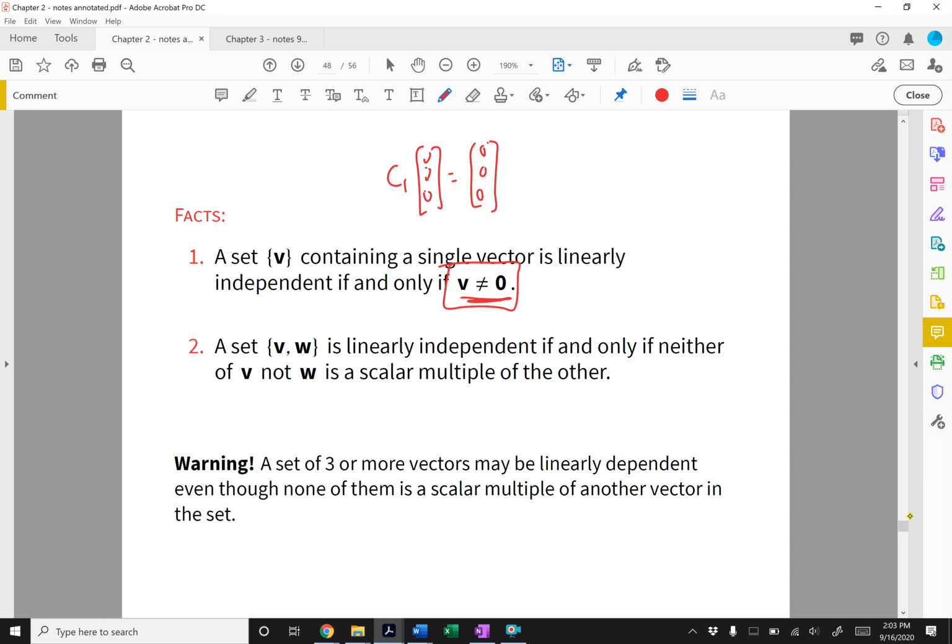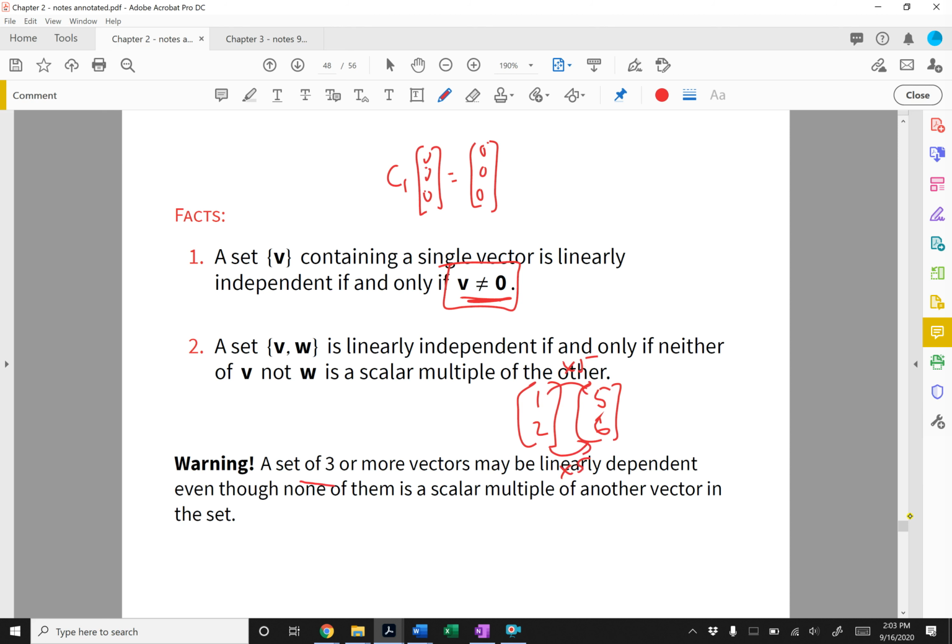That's the only way you can get that to happen. So one might be 1, 2. If the other one is 5, 6, then we actually know using this fact that they're independent because I have to multiply 1 by 5 to get 5, but 2 times 5 is not 6, so they're not.